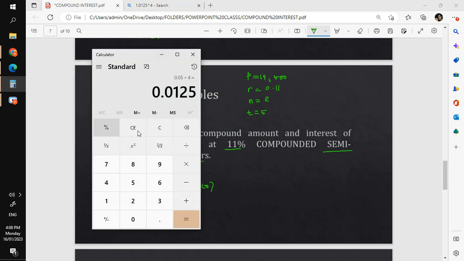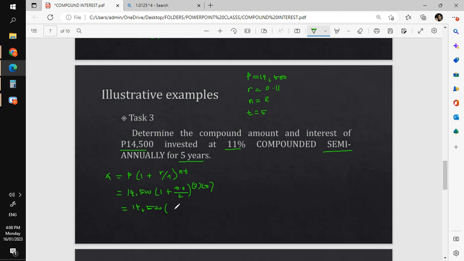Then you have 0.11 divided by 2, that gives us 0.055 plus 1. So that's 1.055 raised to 2 times 5. That gives us 10. Now, we need to simplify this one by using our digital calculator.